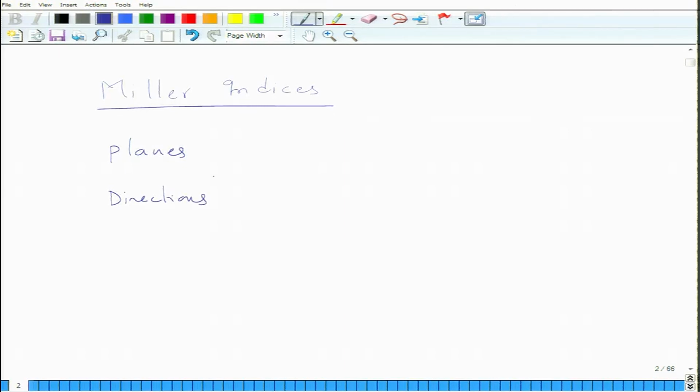Now, this is needed to complete the description of the unit cell. So, for a plane, Miller indices are usually described as HKL, and for a direction you describe the Miller indices as UVW.